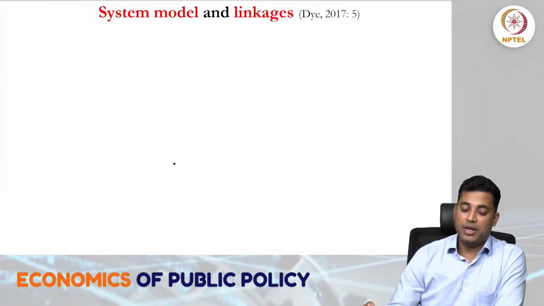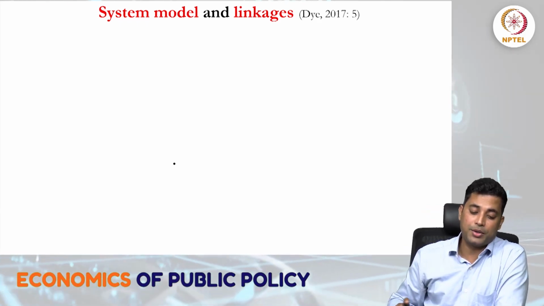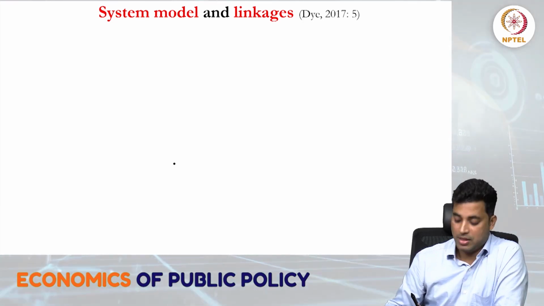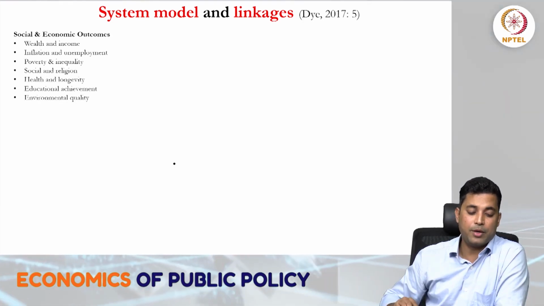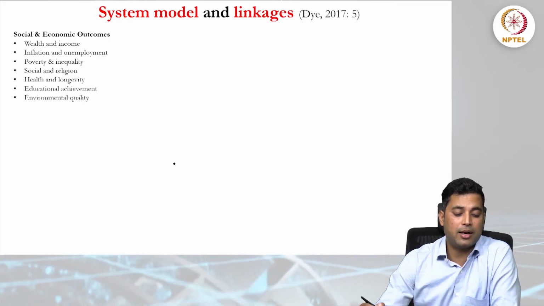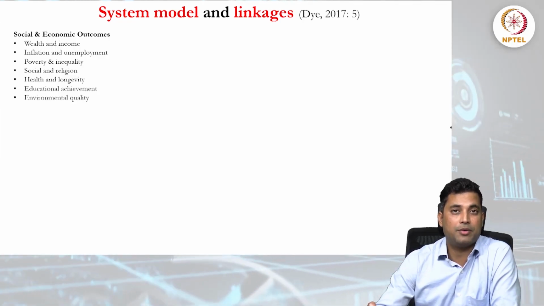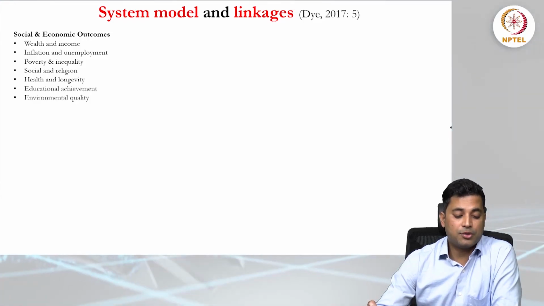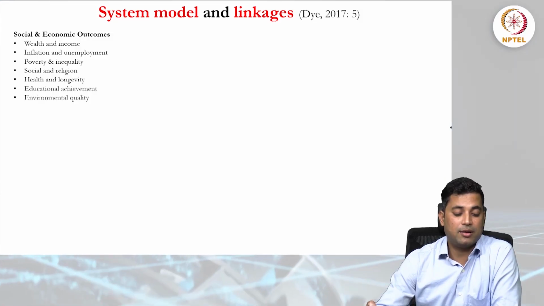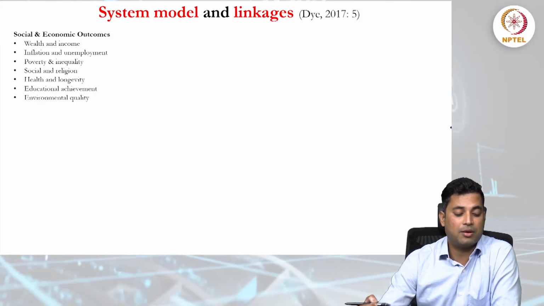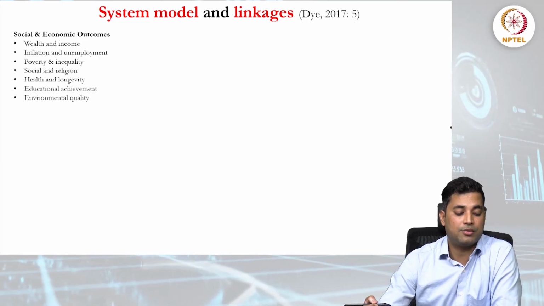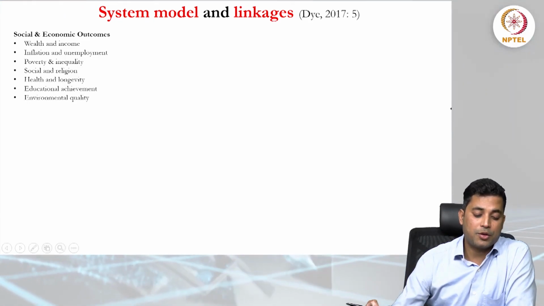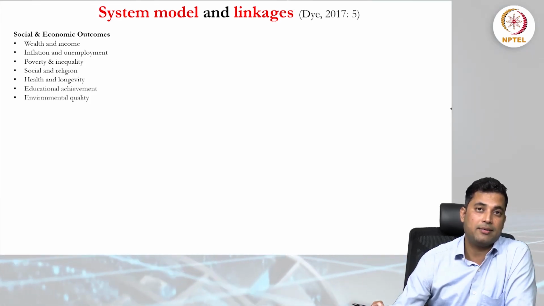So now when we talk about public policy, political systems, and when we talk about social and economic outcomes, we are talking about different social and economic conditions. So first we have to understand what are the discussions that we are doing within these socio-economic conditions or outcome. I would like to highlight that these are the concerns.